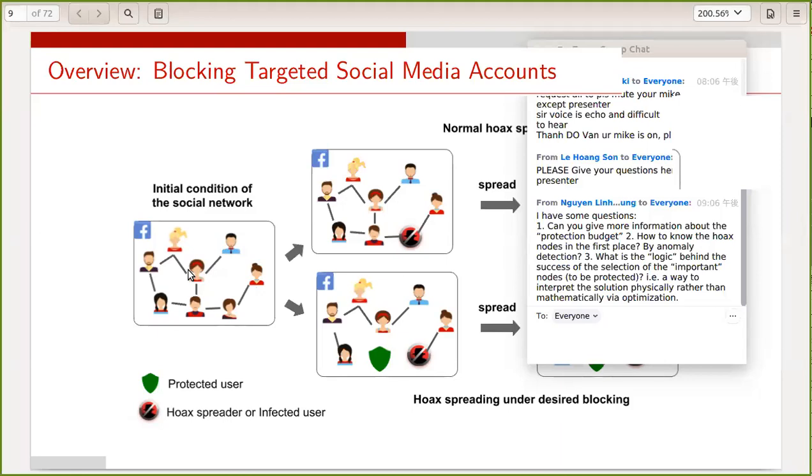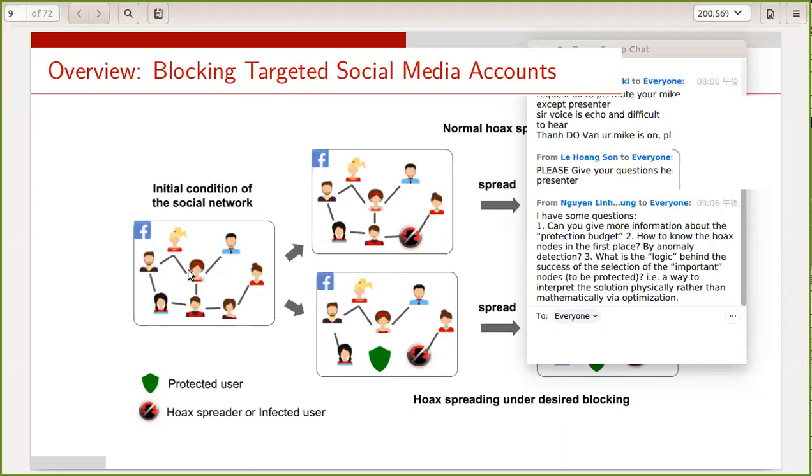Okay, I hope that answers your question. The second one: how do we know the hoax nodes in the first place? Yes, by anomaly detection. In this work we only handle hoax mitigation, so the hoax is already there. The detection of hoax has a number of existing research studies.